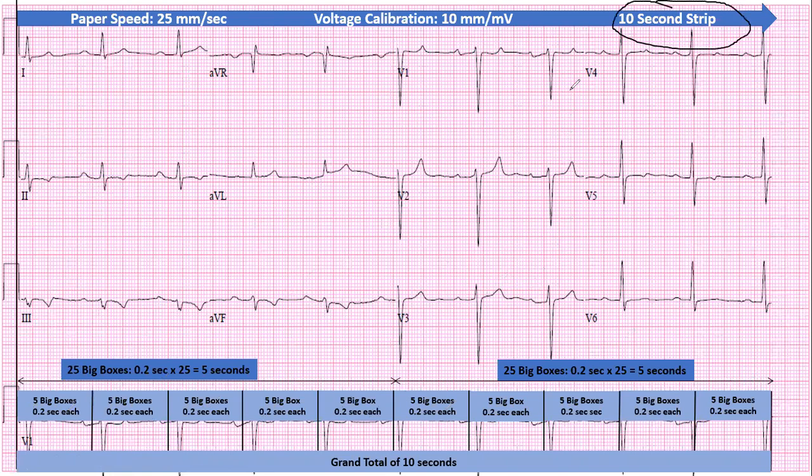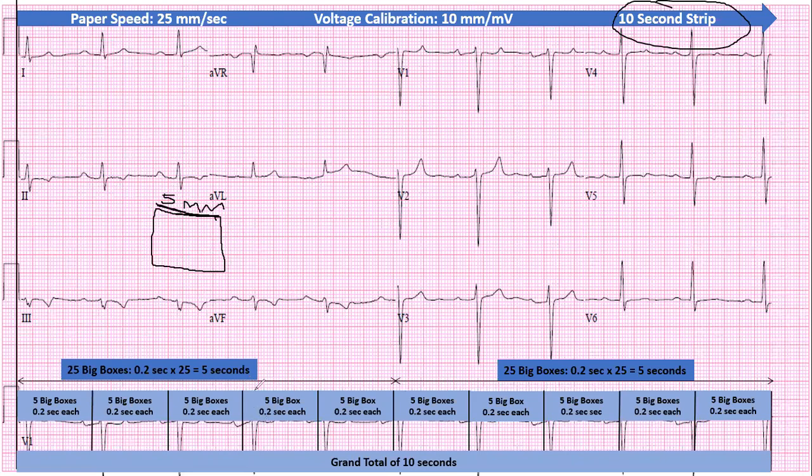Now, let's have a look at how we get to this 25 millimeters per second. So remember I said in the previous video, you're going to need those numbers, we're going to apply them. We know that the width of this box is 5 millimeters, right? 5 millimeters.